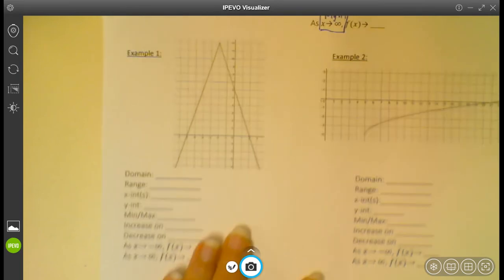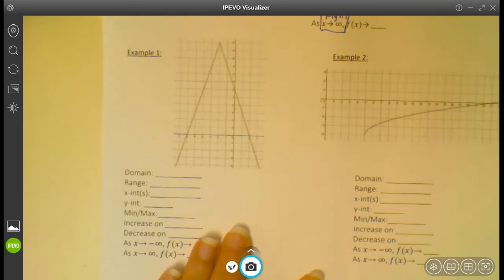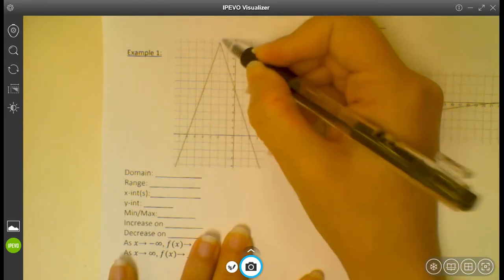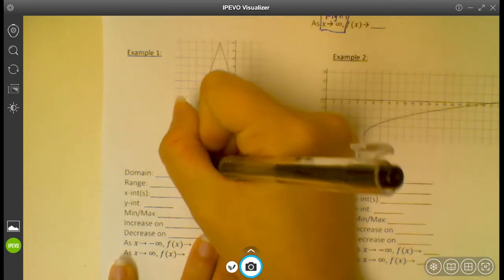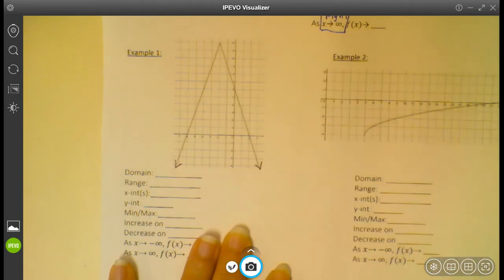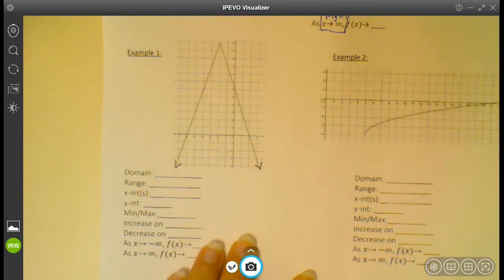So now let's actually put it to practice. We're going to do example 1 together, domain and range. As you look here, we have an upside down V, and this V will continue onwards. Even though you don't see those arrows, it is safe to assume that V is continuing forever and ever. All right, so domain.